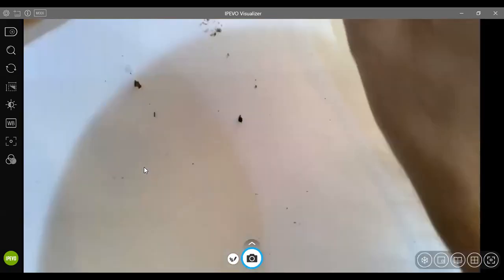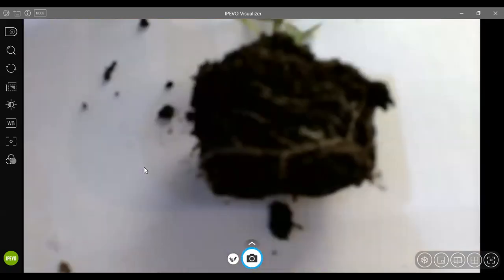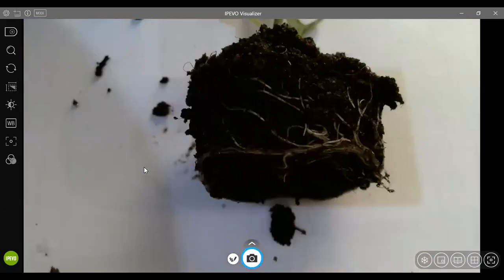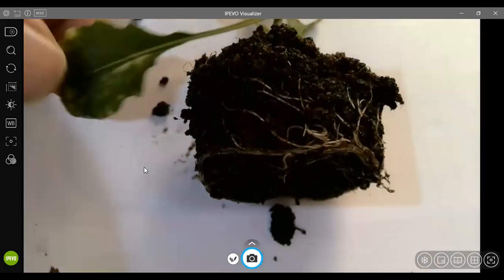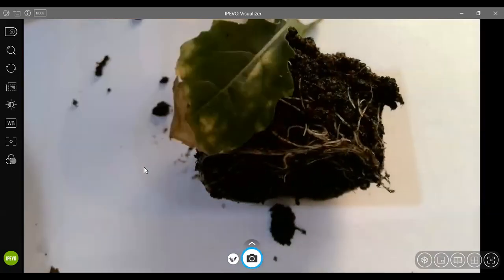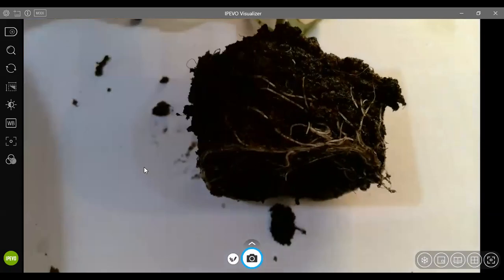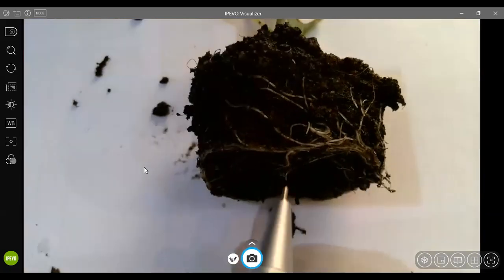We can actually focus in here and look at our roots. Now the first thing you can notice, if you wait for the visualizer to get focused, is they're a different colour to the leaves. The leaves are green, the roots are white. The reason they're white is because they don't have chloroplasts in them.